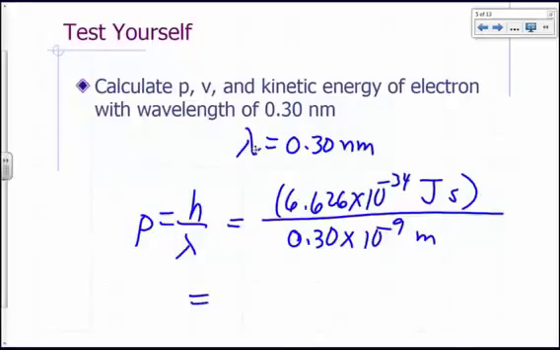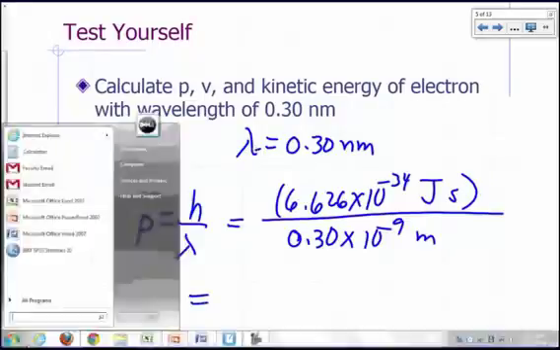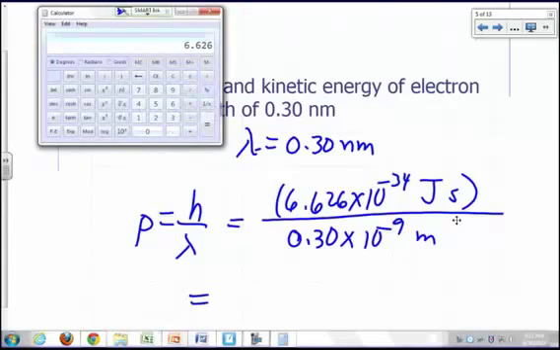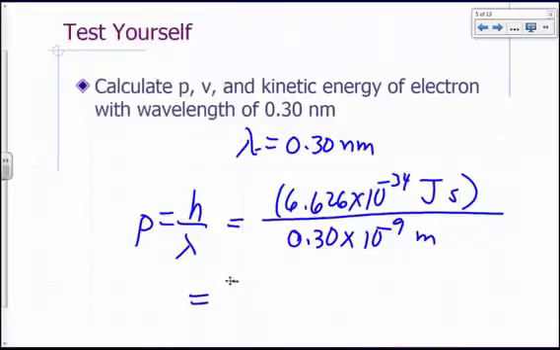And that's how much? 6.626 times 10 to the negative 34 divided by 0.3 times 10 to the negative 9. So what you're getting? 2.2 times 10 to the negative 24? Okay. So 2.2 times 10 to the negative 24.